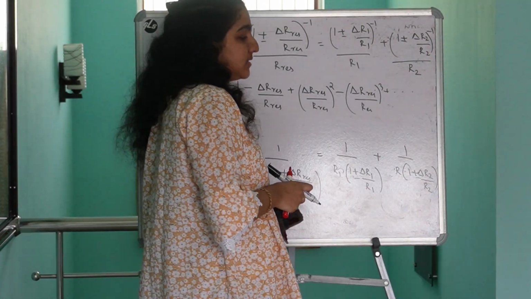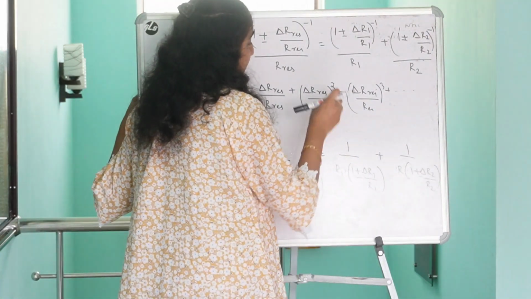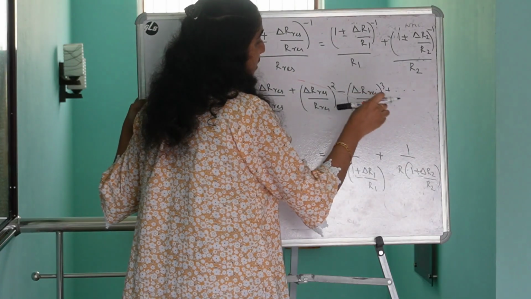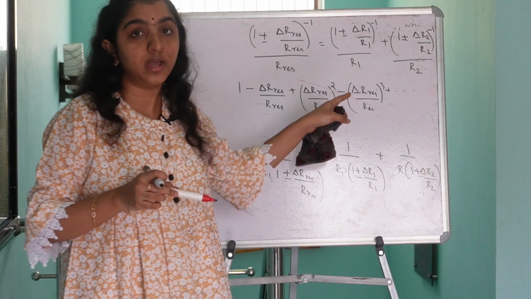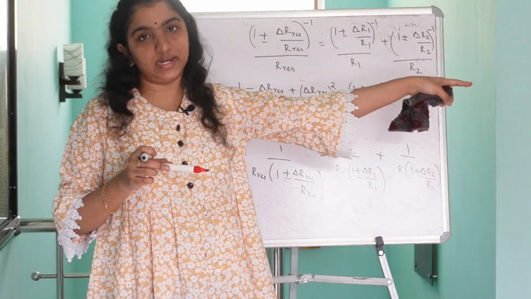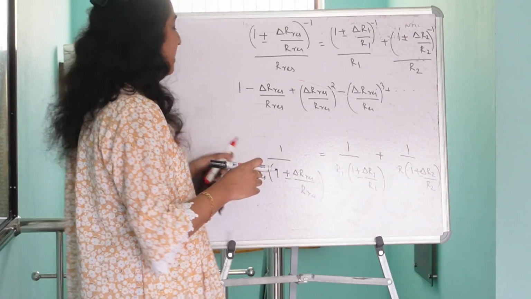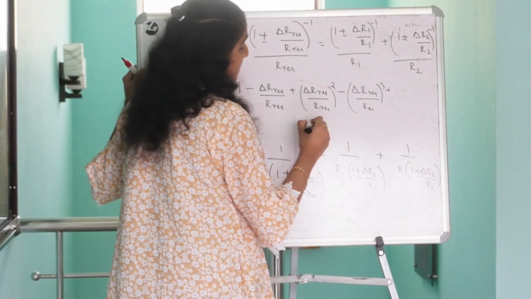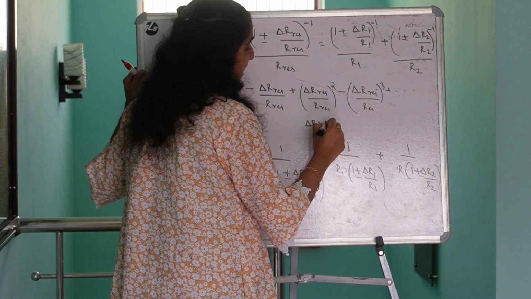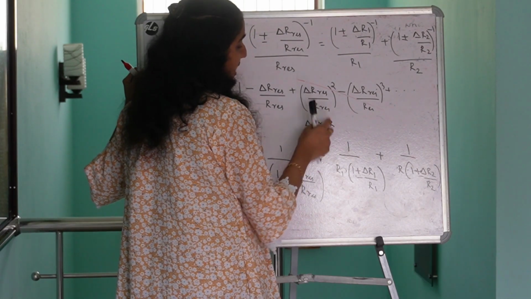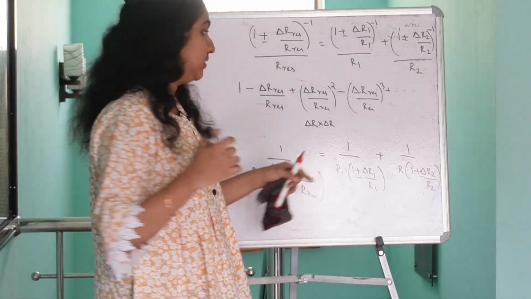Just like in the case of division, here also we can neglect all these terms starting from power value 2 up to the end. Is it clear? Why can we neglect all these terms? Because del r is extremely small. When we find the square value of del r, we will get an even smaller value.